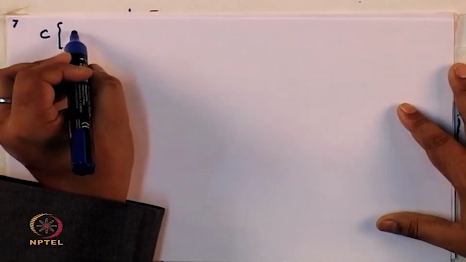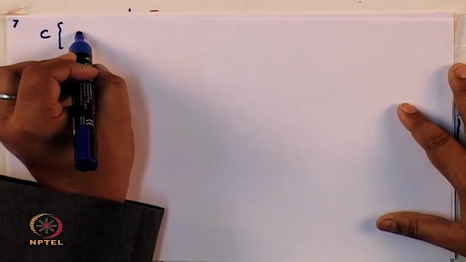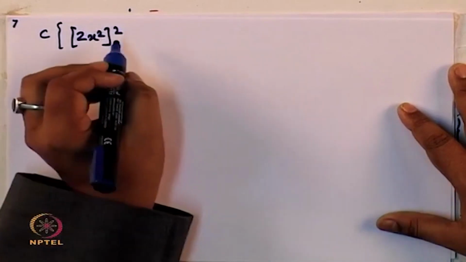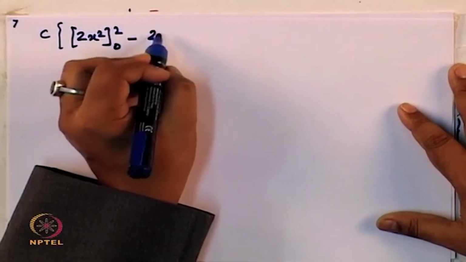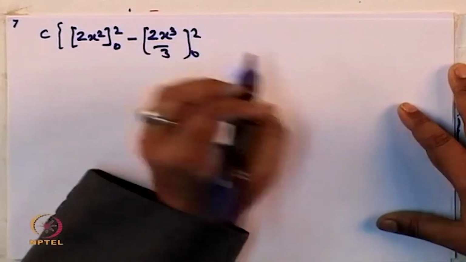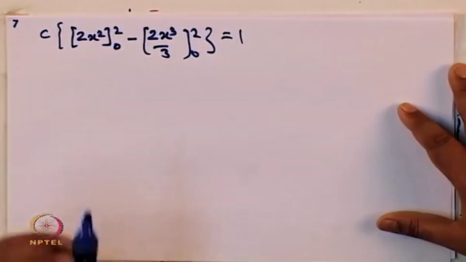So, the integral of 4x is 2x square, minus 2/3 x cube, equal to 1.